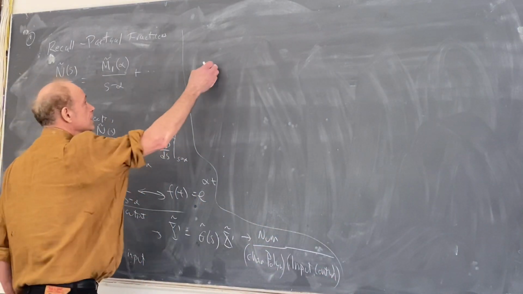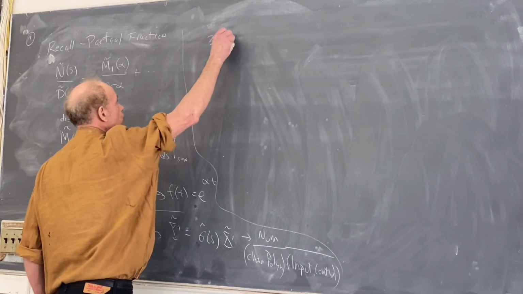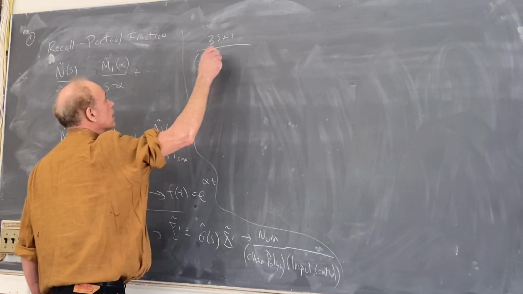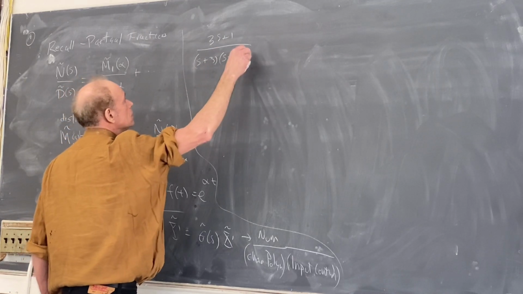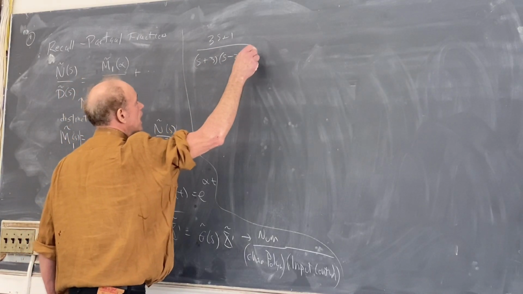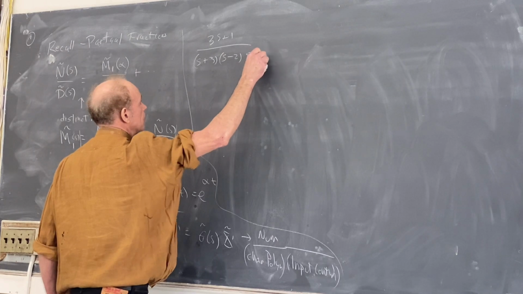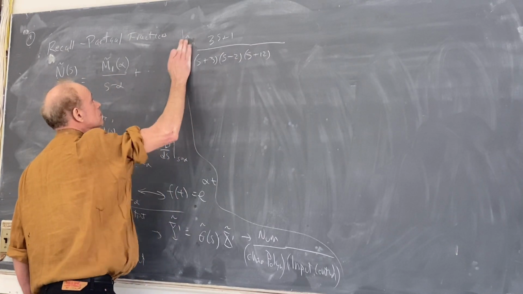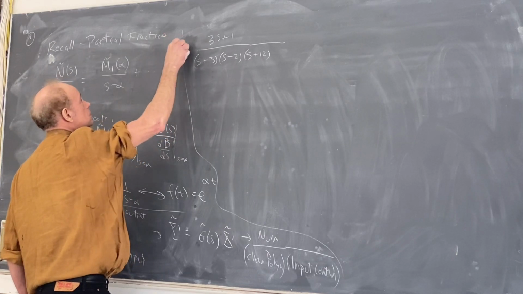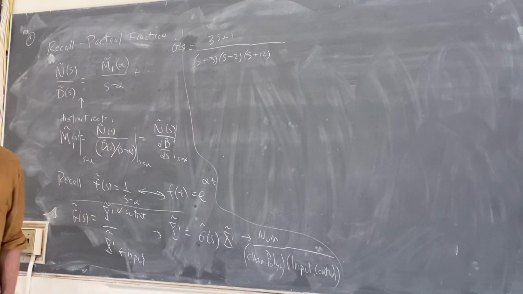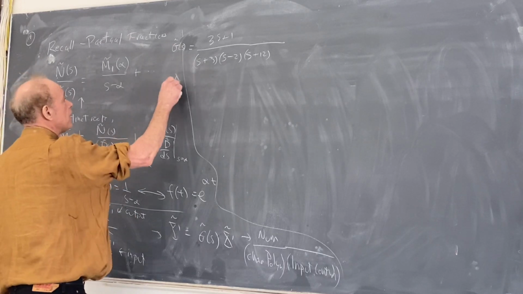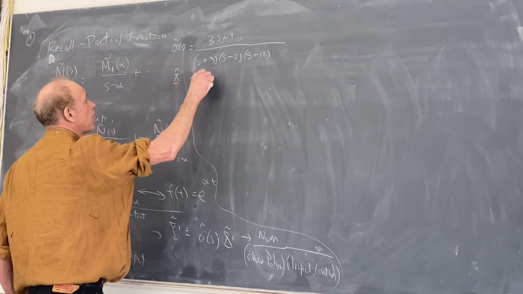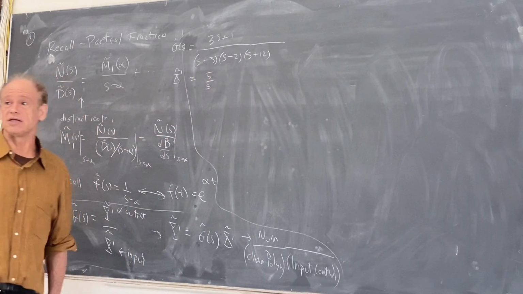But here I can give you an example of, say, 3s plus 1 over s plus 3, s minus 2, s plus 12, if this is g tilde of s. And let's let x prime tilde be 5 over s, because it's a step change.